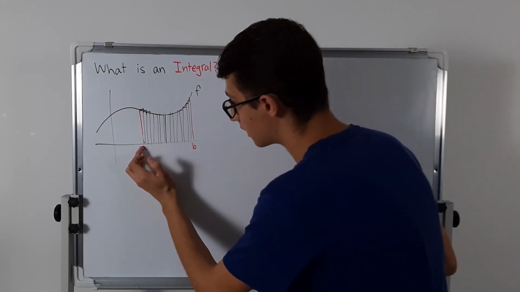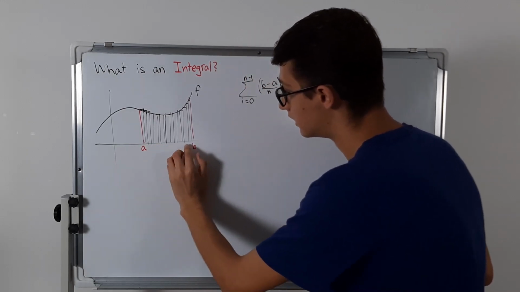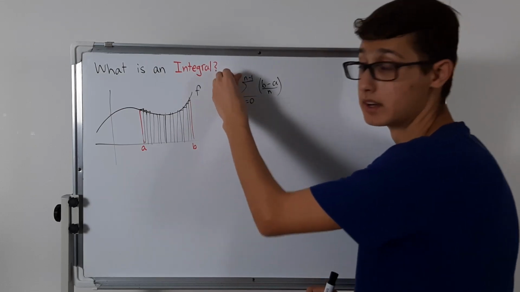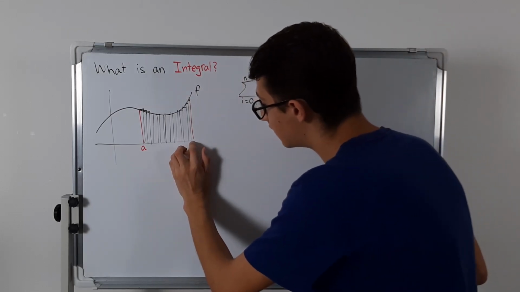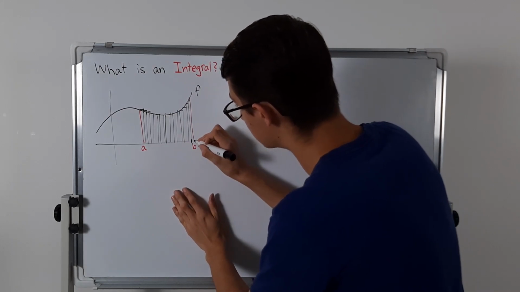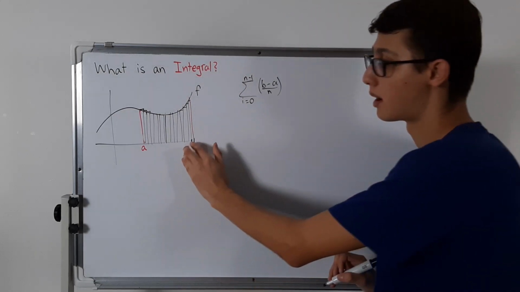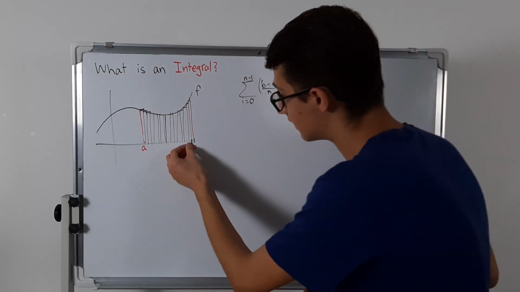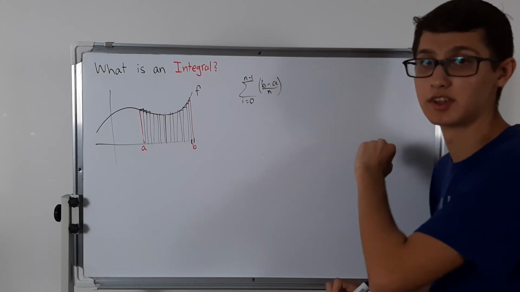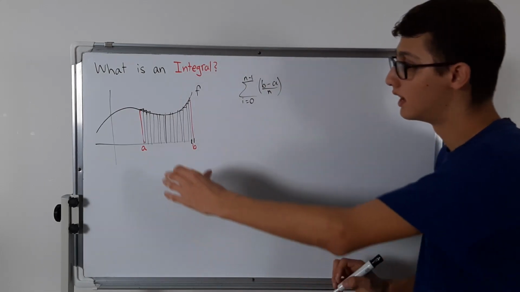So this is like 0, 1, 2, 3, 4, all the way, and then it would be 15 and 16. The reason why we stop at n minus 1 is because this is that left endpoint over here. This is 16, and then this is 15. So we're stopping at this endpoint, right? So that's why we stop at n minus 1. Just a little convention there.